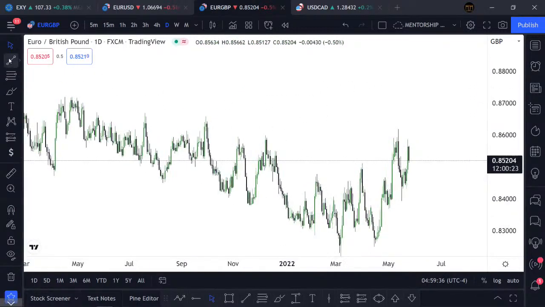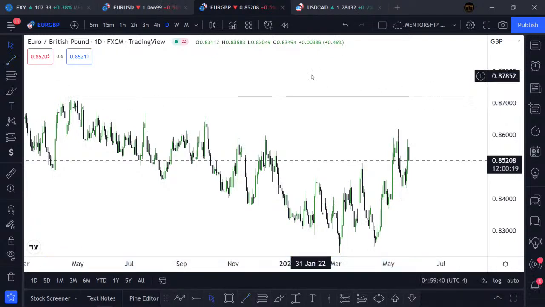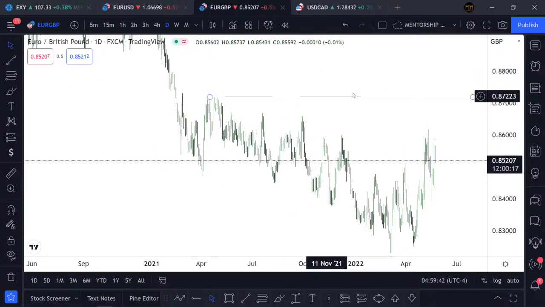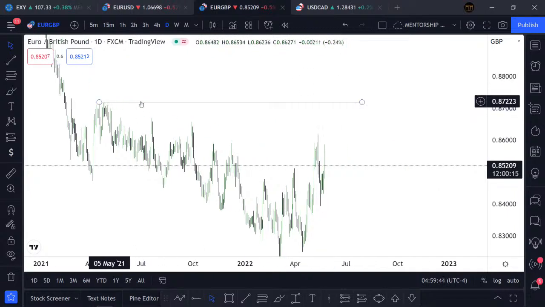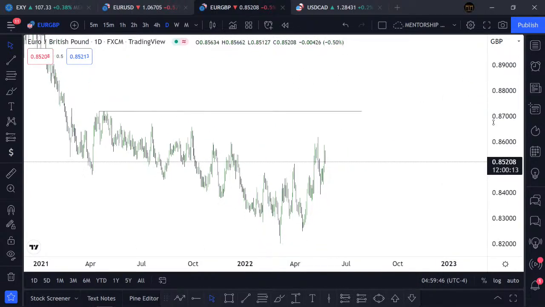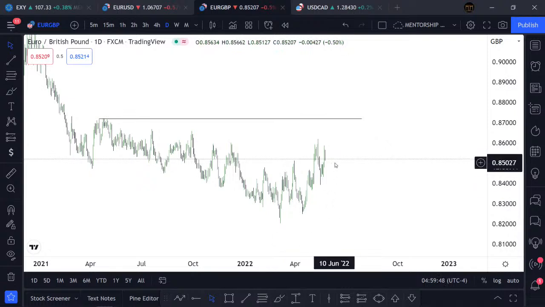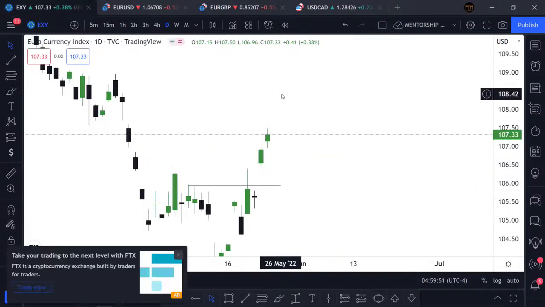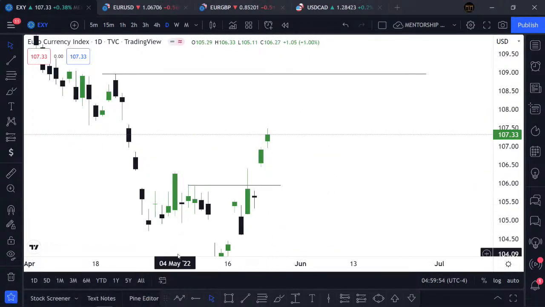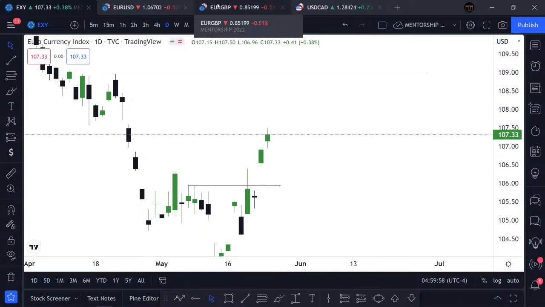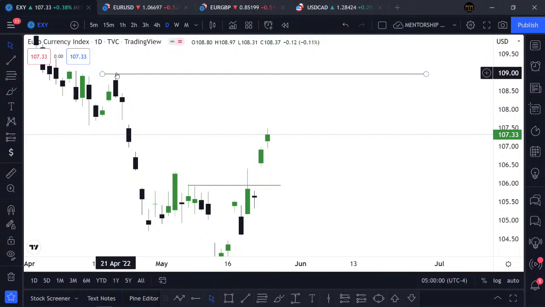I would want to see at least these highs here as my next take profit, above these highs. Yes, it is trading lower, but remember, I've told you I want to see the euro first trade above these highs before I sell any euro cross.